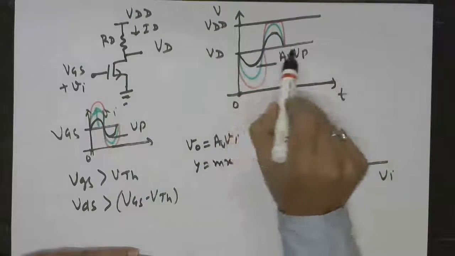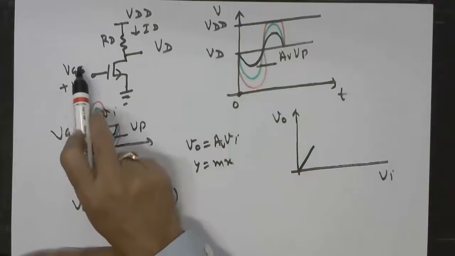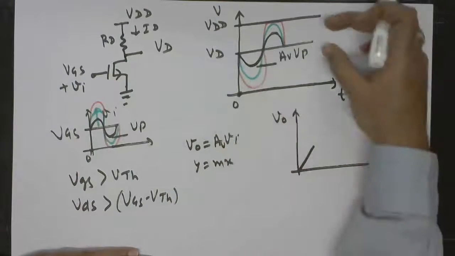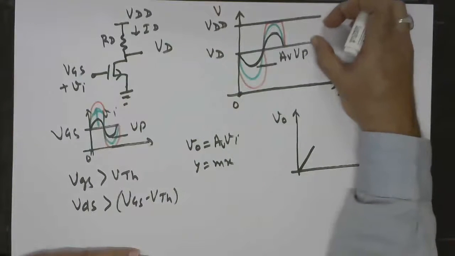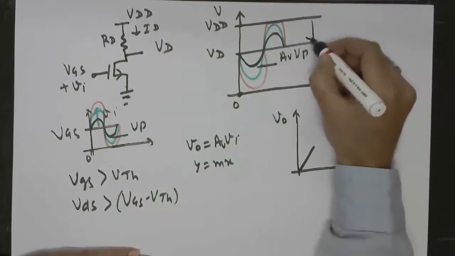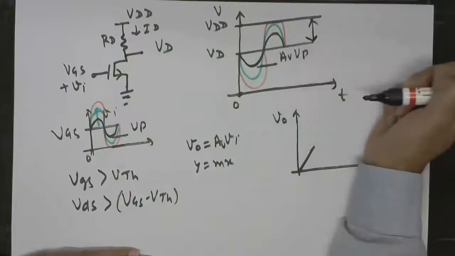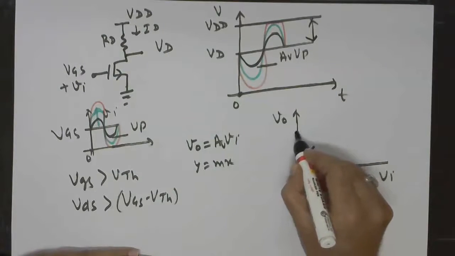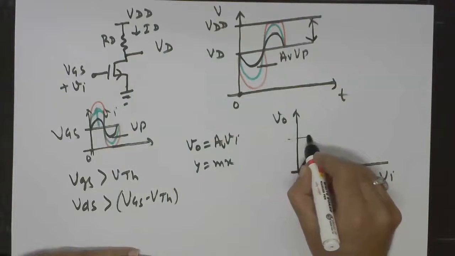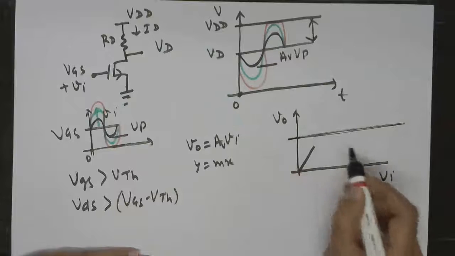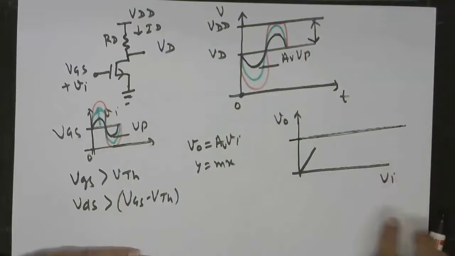And here, if your DC gate to source is such that you are getting this much of DC, so that this range from the VD to VDD is smaller than this one, then this is the maximum undistorted output you can get. So there will be a maximum output that you can get without any distortion. This is going to be the upper limit of the output without any distortion.